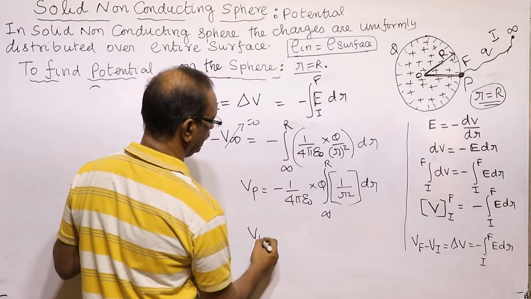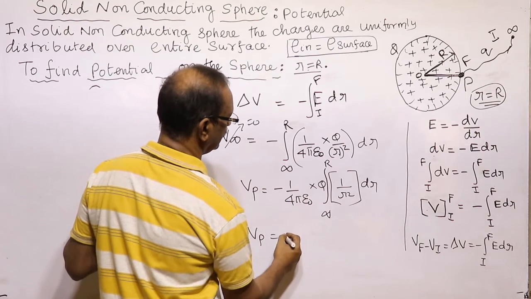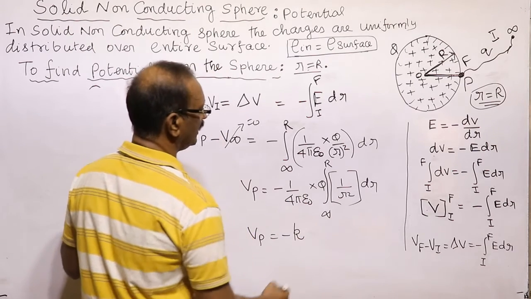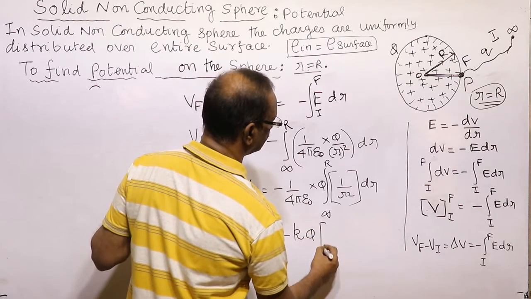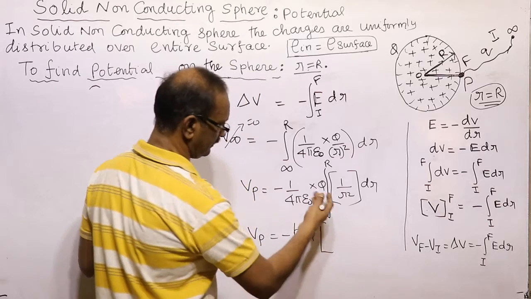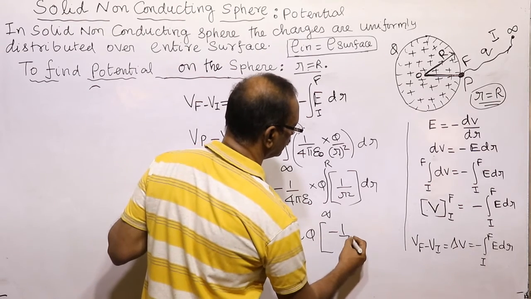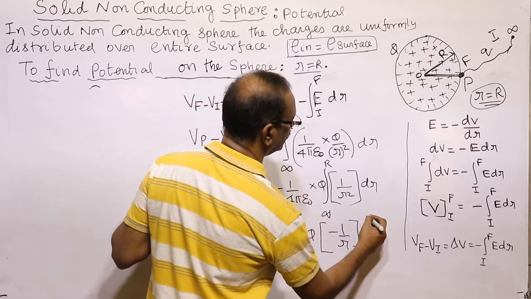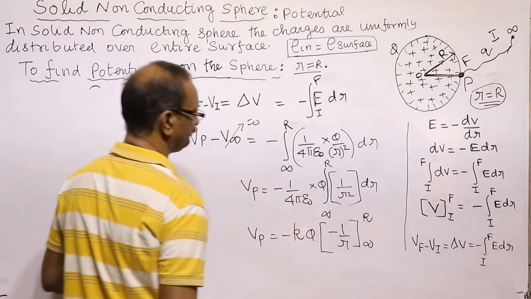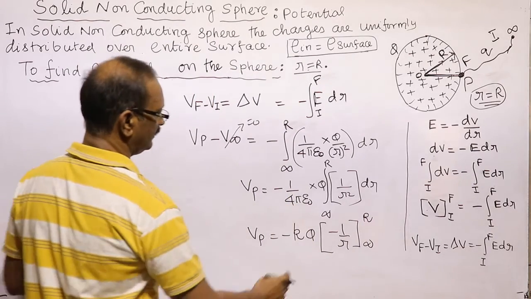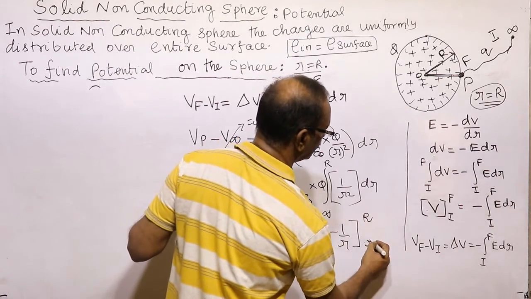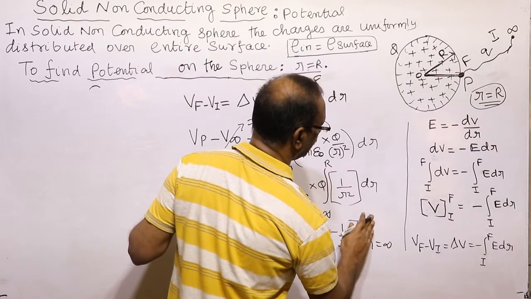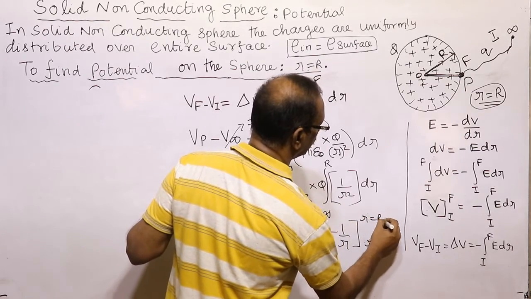So Vp is equal to K into Q, on integration of 1 by R square it is minus 1 by R, and the initial limit is infinity, the final limit is R.